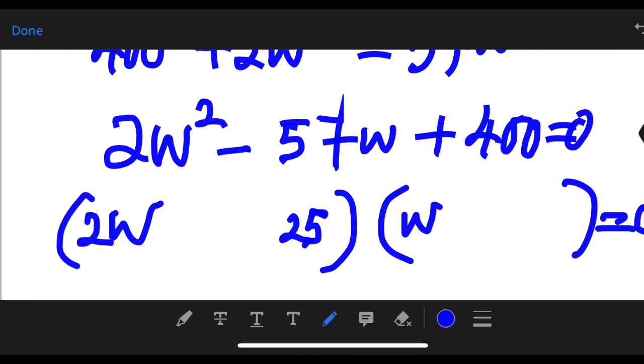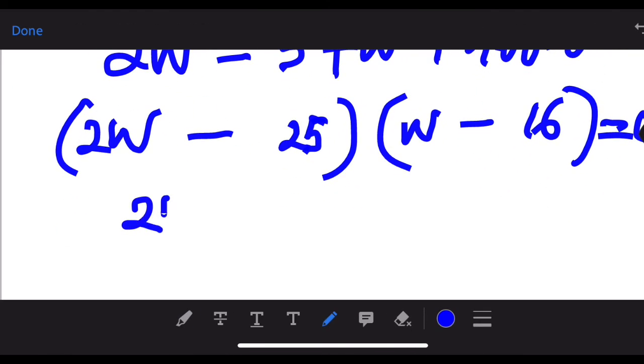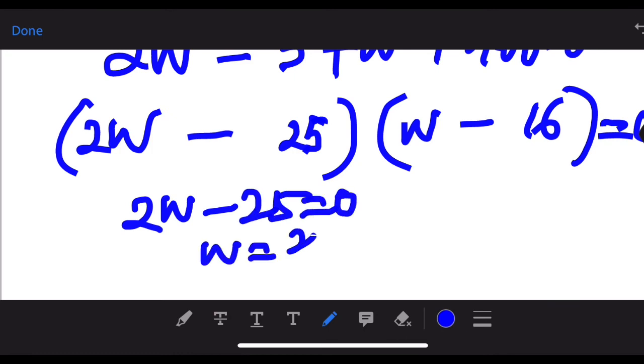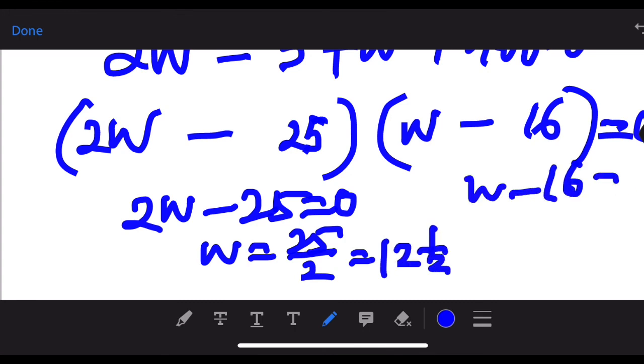Okay, 400 divided by 25, what do you get? You got 16. Alright, so then you can say 2W minus 25 equal to 0, W is 25 over 2 or 12 and a half. And the other factor equal to 0, so W equal to 16.